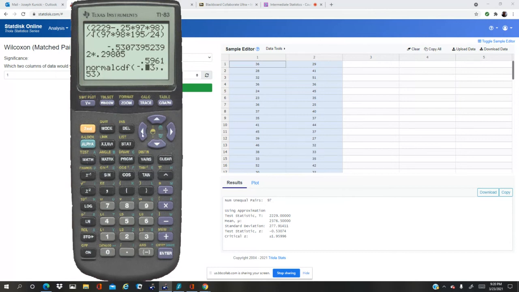So I go back to the beginning and type 1 minus normal CDF. That should be a minus sign, not a negative, and I need a negative sign here. Made it more difficult than it should be. So we should get 0.596. There it is, 0.596. Another way to get the p-value.